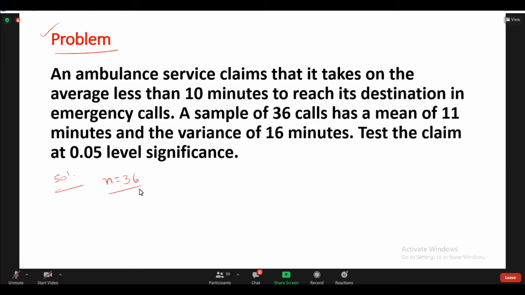Small n is 36. What is the sigma? Alpha is 5%, I agree.